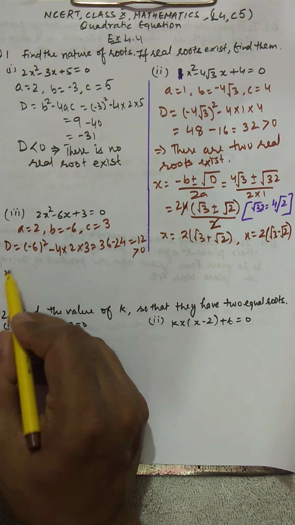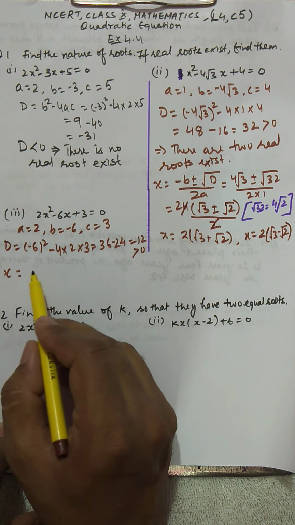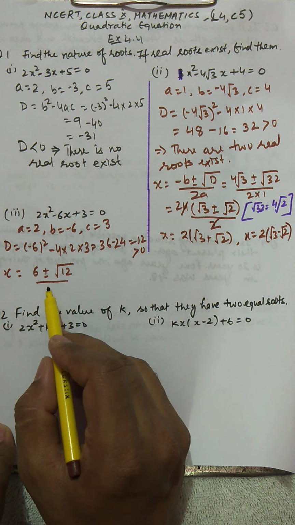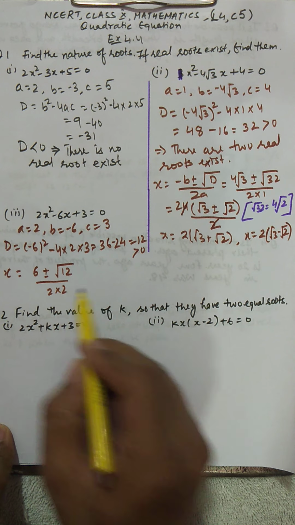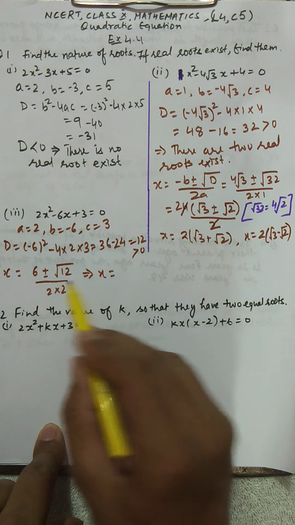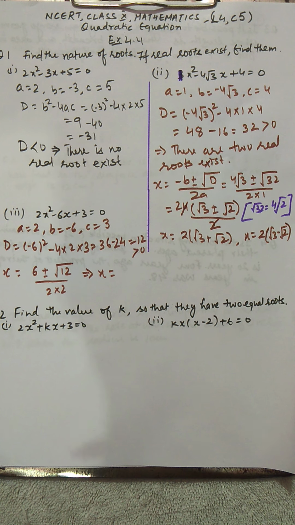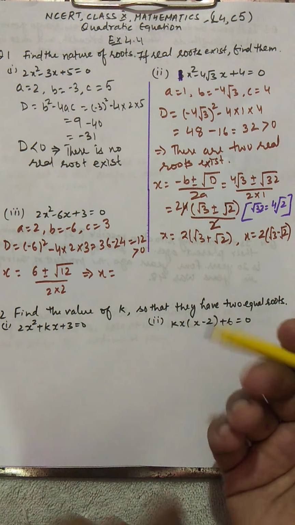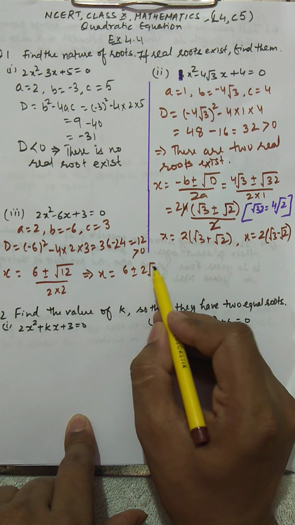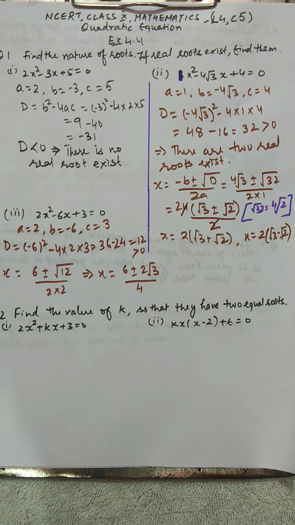So we can find the roots, I'm just writing the formula. You put all the values, plus minus under root, this is 12, and this is upon 2 into 2. So your one answer will be, which implies x is, root 12 can be written as 4 root 3, so 2 root 3. So 6 plus minus 2 root 3 upon this is 4.